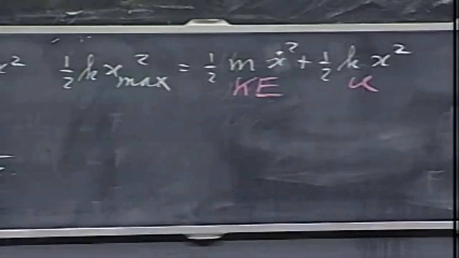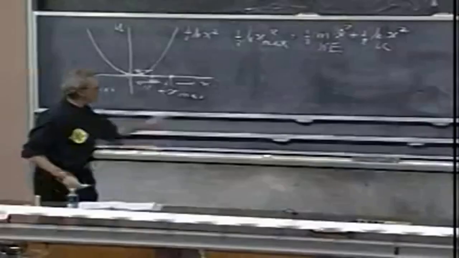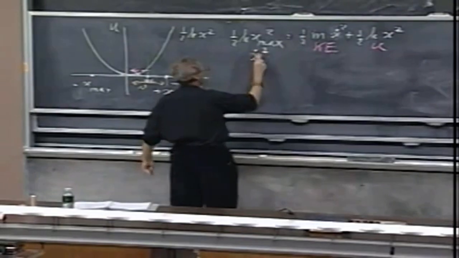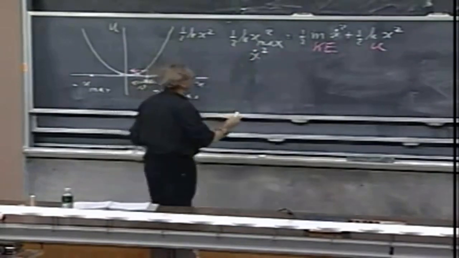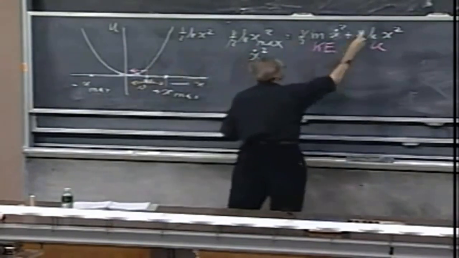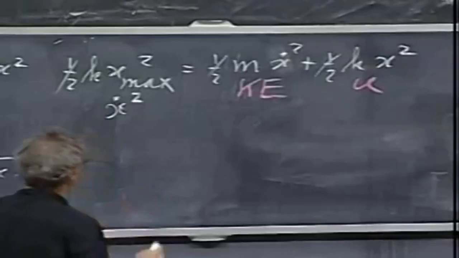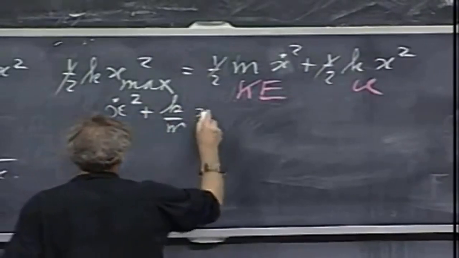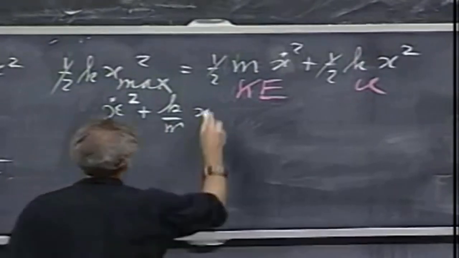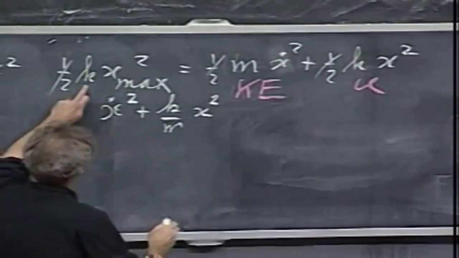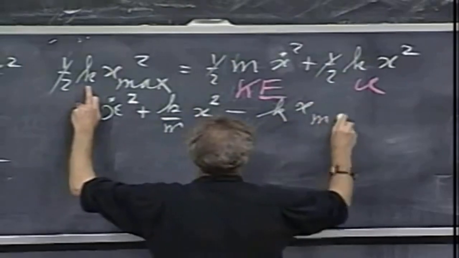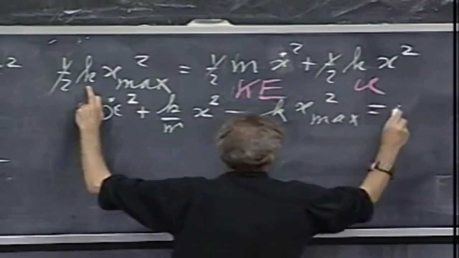And now I'm going to rewrite it slightly differently. I bring the x dot square to one side. My halves go away, and I divide by m. So I get plus k over m times x squared. And then I get minus k x max squared equals 0.